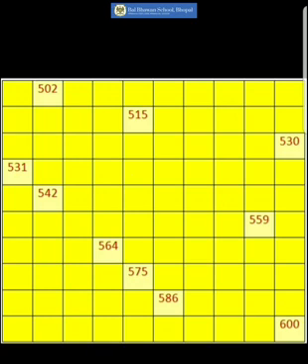The first number is missing, so we will write that number. So what comes before 502 and what comes after 500? Yes, it is 501. So 501, then 502.